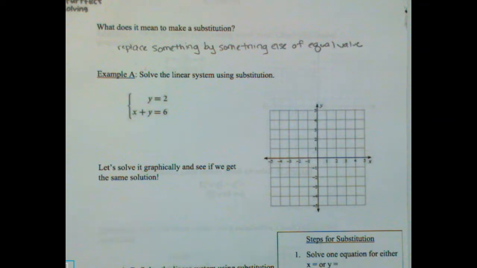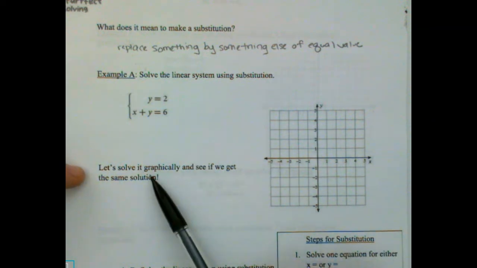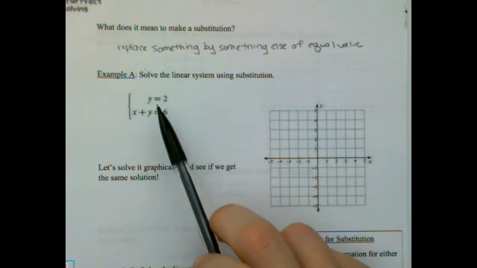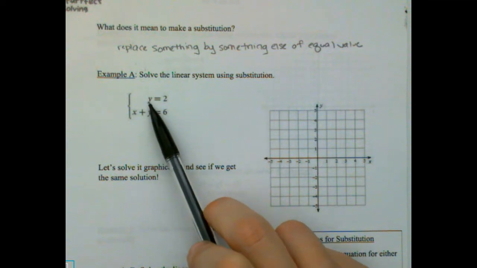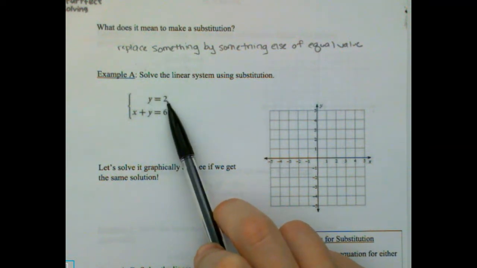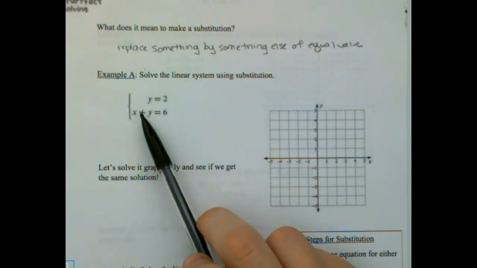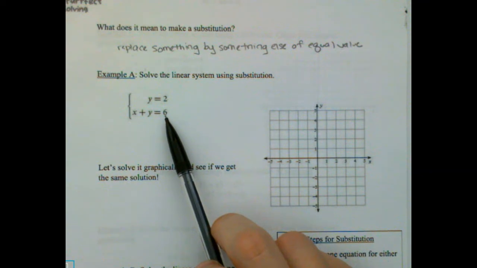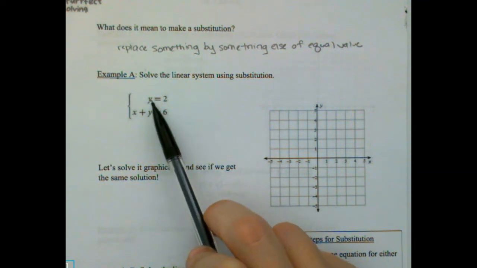Okay, so for example A, I'm going to try and solve this using substitution eventually. Let me back up. Let's take a look at this system here. My first equation is y equals 2, and my second equation is x plus y equals 6. This one's kind of nice because I've already got y equal to a whole number.